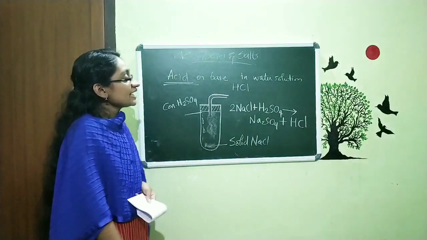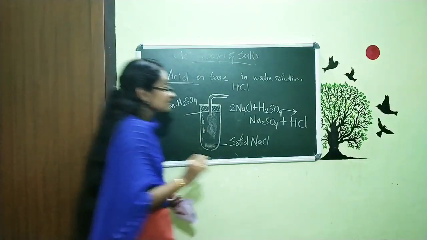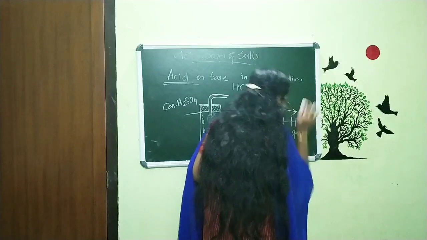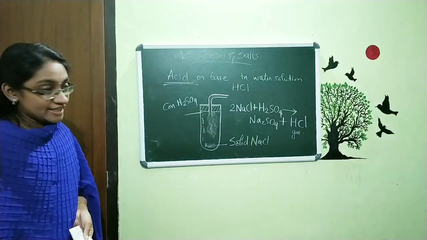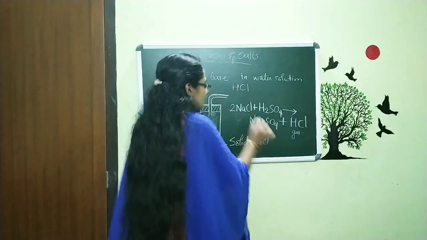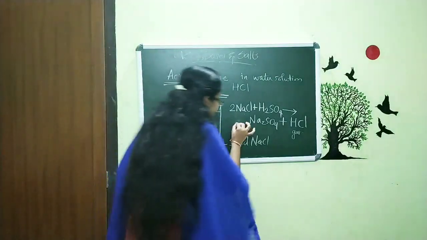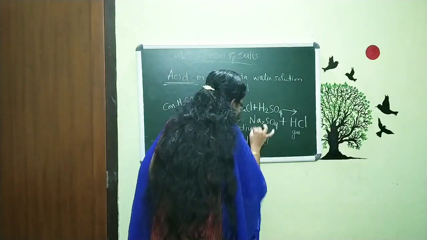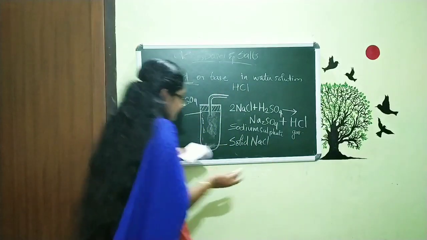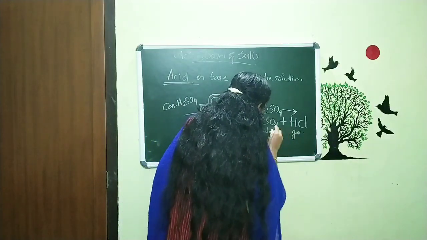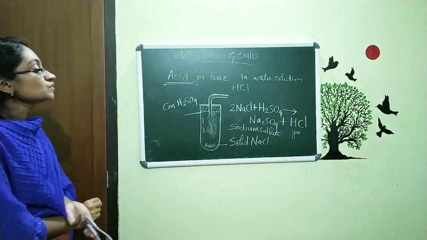You can see the Na2SO4 is left at the bottom of the test tube, and this HCl is actually the gas formed here, in gaseous form. That is hydrogen chloride. And what is the name of this Na2SO4? This is sodium sulfate. For sulfate, the spelling is S-U-L-F-A-T-E. So sodium sulfate is this Na2SO4.